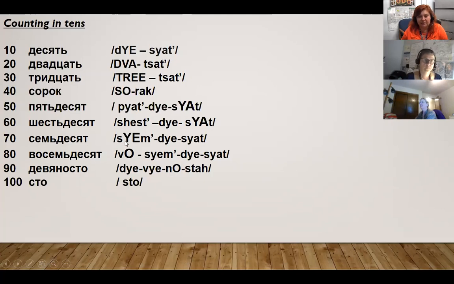Note that the stress falls on a different syllable in the word 70. We used to see it at the end, 50, 60, and now we have it at the beginning. 70. 80. 90. And 100.